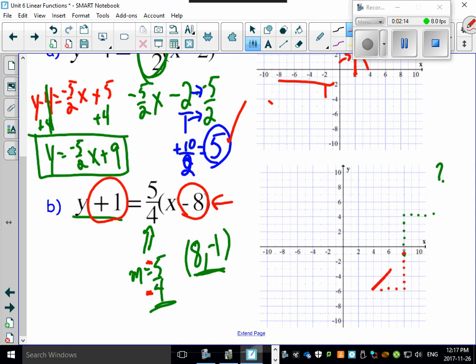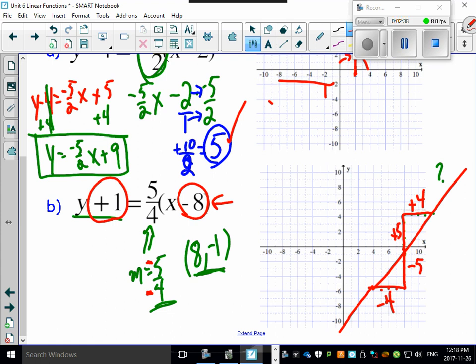And check this out. Look at that. There's our actual graph that went through the positive slope or the negative negative, which we know is a positive. Isn't that cool? So we can either go down 5 over 4 or up 5 over 4, depending on the graph and how much room we have to play around with.